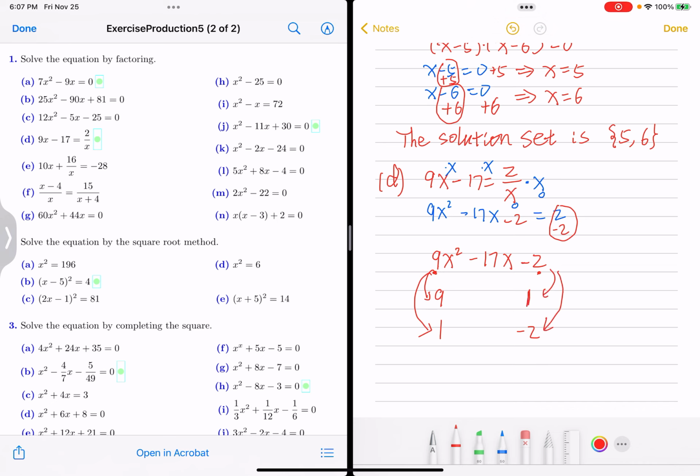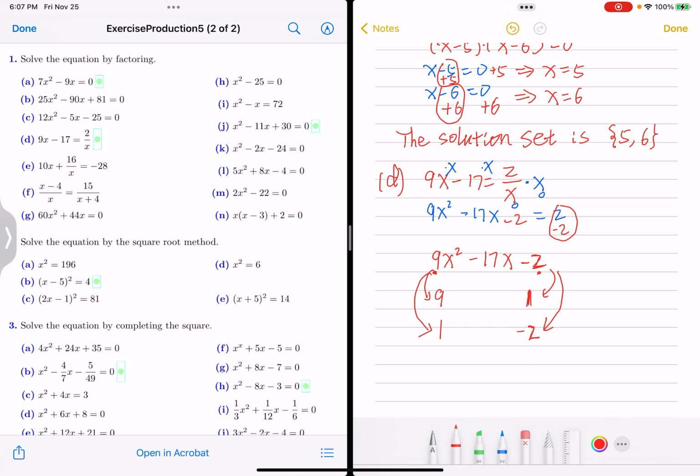You see 1 times negative 2 is negative 2. And then here we have a 9 times 1.